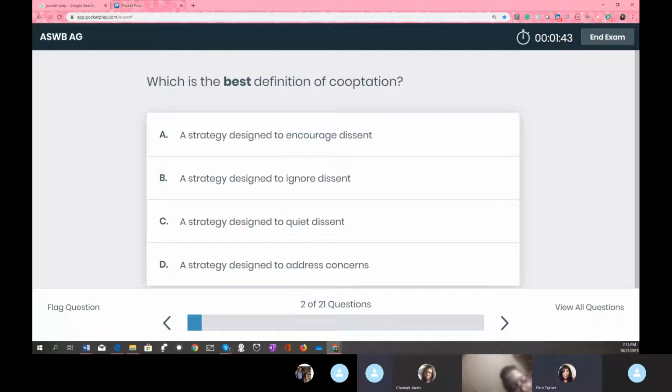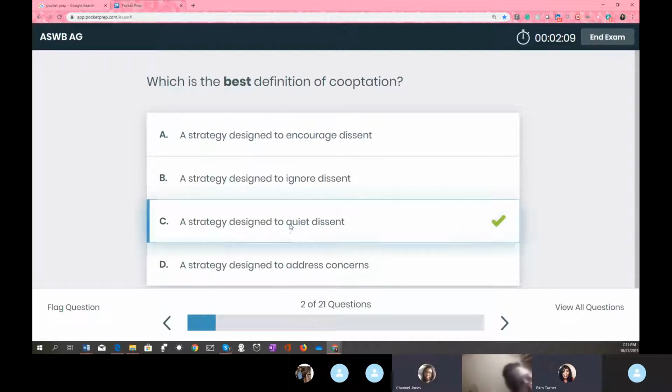A strategy to address concerns. I'm looking at A or D. I do not want to encourage dissent. Co-optation is almost the opposite of a coup d'etat, where I came and took over and everybody's angry. With co-optation, I want everybody to work together, and it is C. You got it.